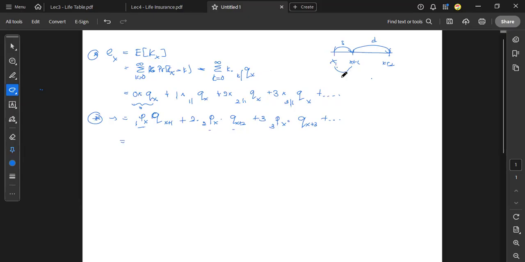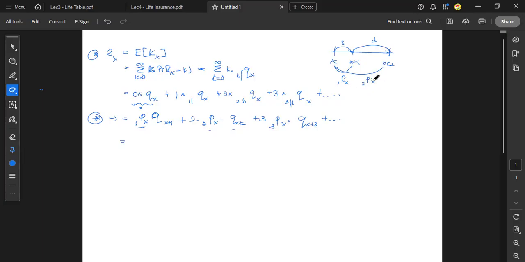For this jump, it's surviving from x to x plus 1. For this jump, it's surviving from x to x plus 2.